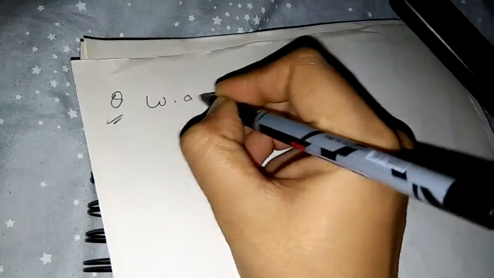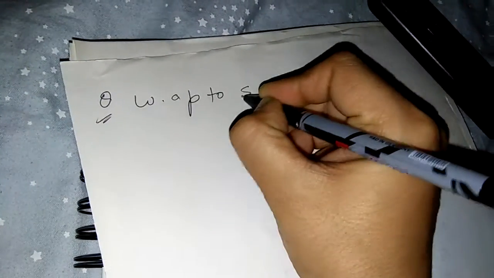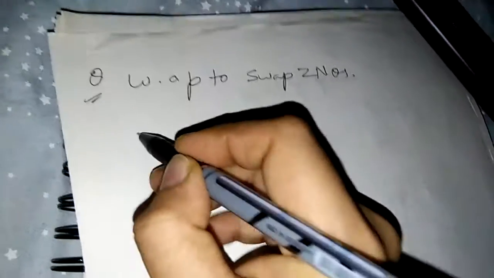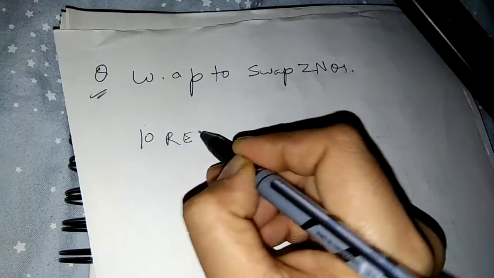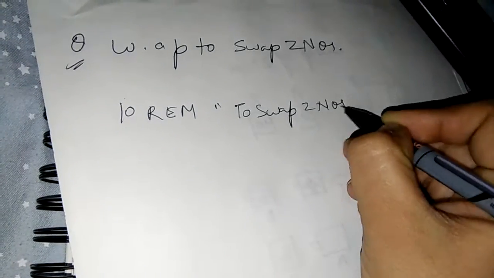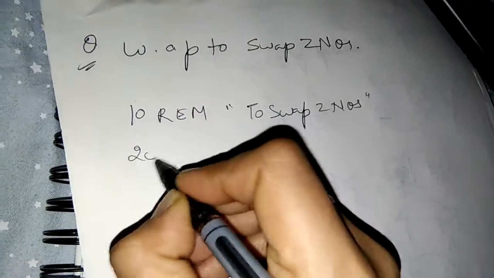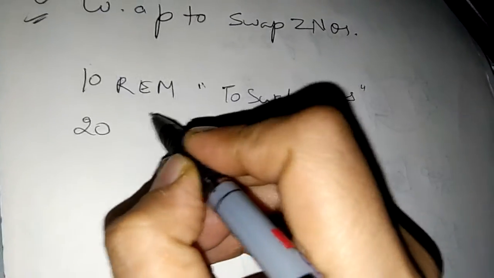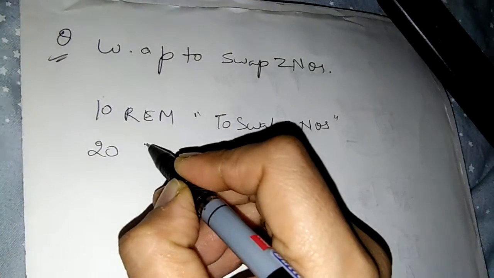The program is to swap two numbers. Now how will you swap the two numbers? First of all, write the REM statement to swap two numbers. Now how many variables do we need? We will need three variables.